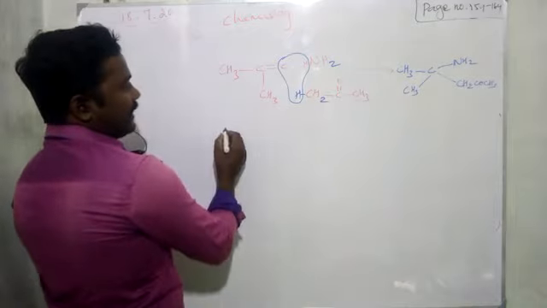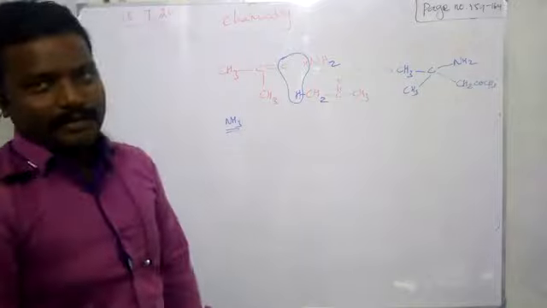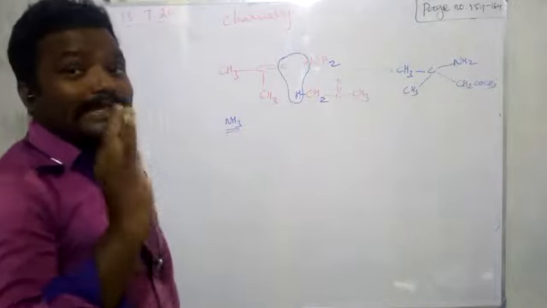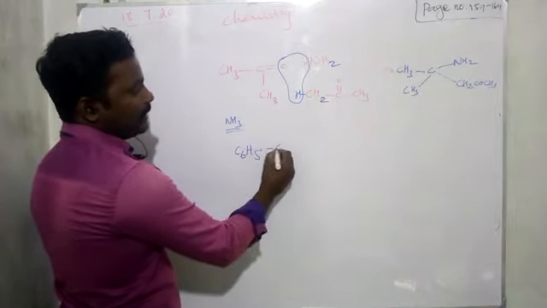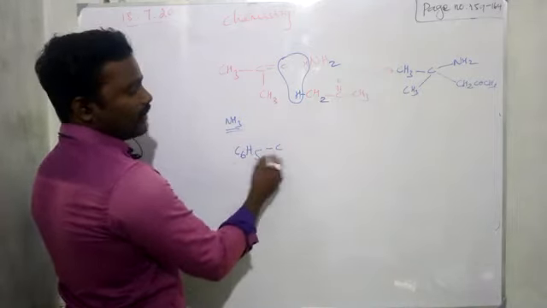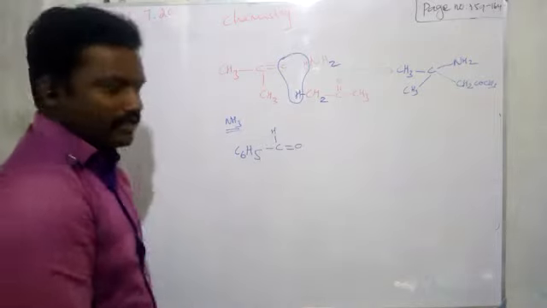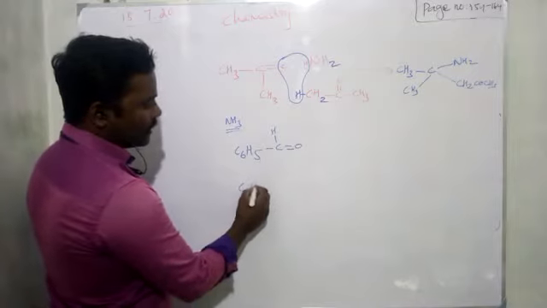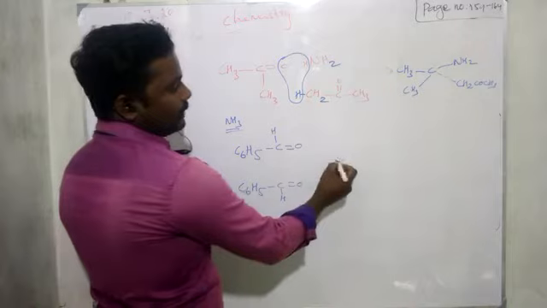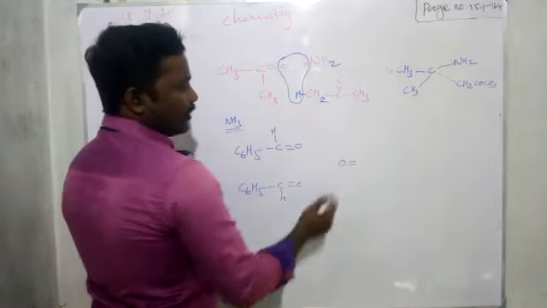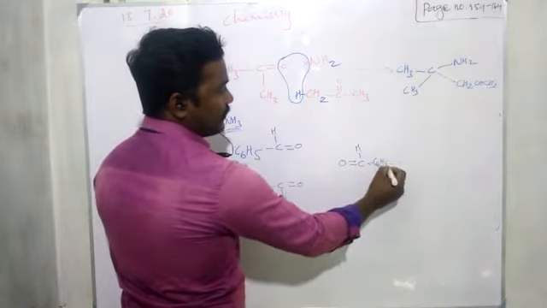Then another reaction: ammonia reacts with benzaldehyde. Here we are going to take 3 moles of benzaldehyde. Listen, what's the molecular formula for benzaldehyde? C6H5CHO. You can write C double bond O and H. Another mole of benzaldehyde, CH double bond O. Then one more I am going to write in reverse manner, CH C6H5.